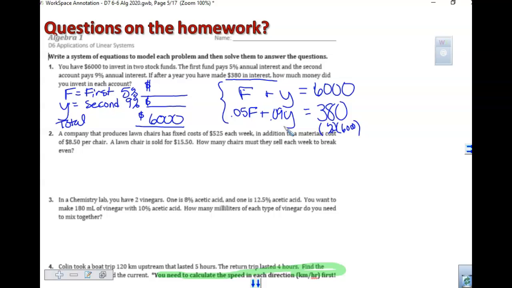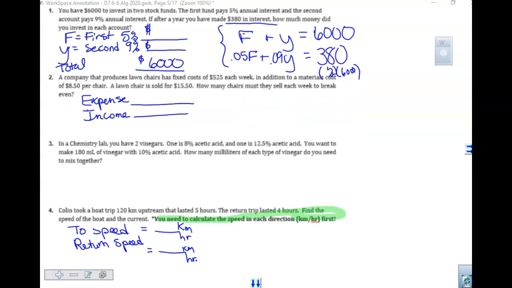Questions as you look at question 1. What do we know we have to pay, like the fixed cost for our materials? So we're going to produce lawn chairs, cost $525 each week, in addition to the materials, $850 per chair.